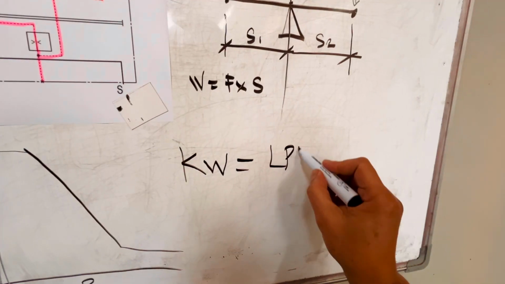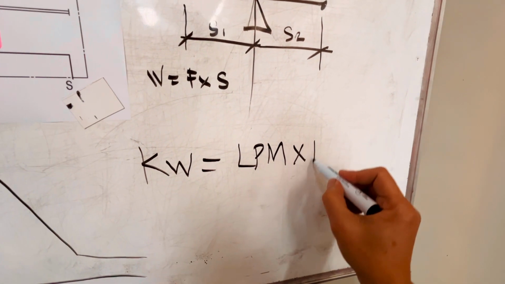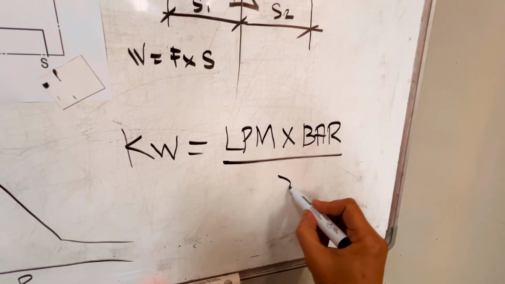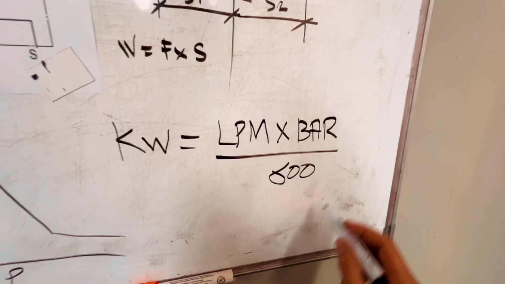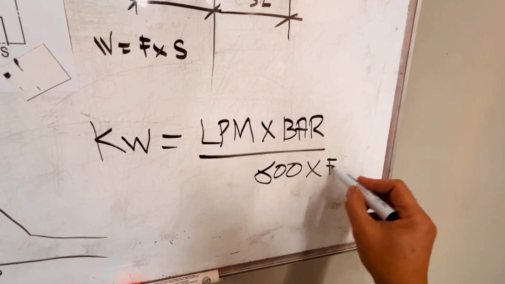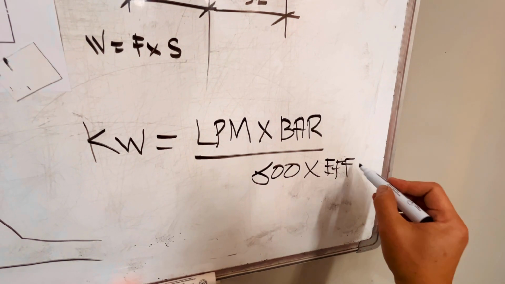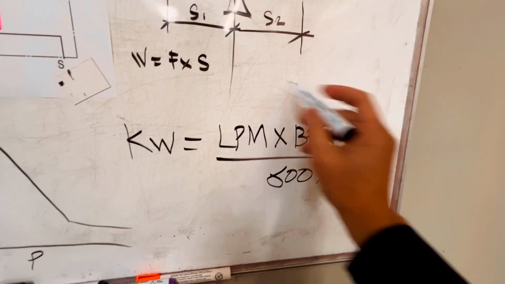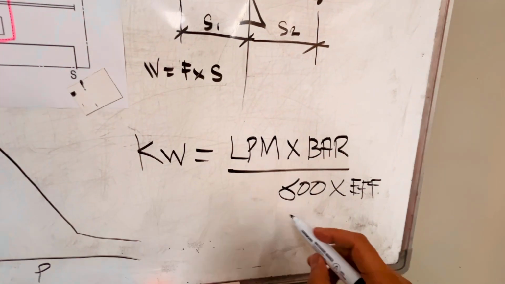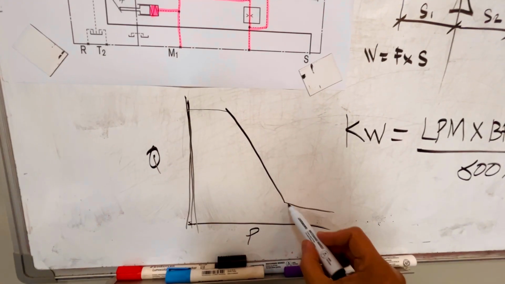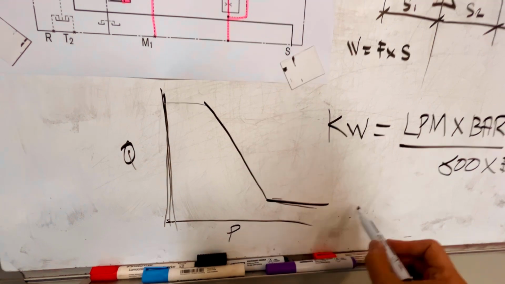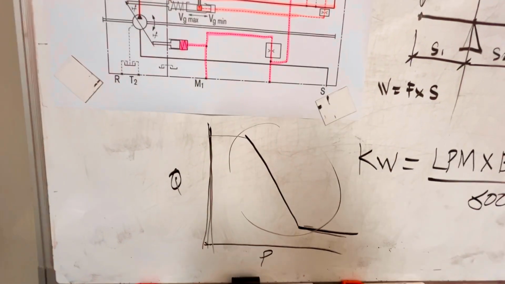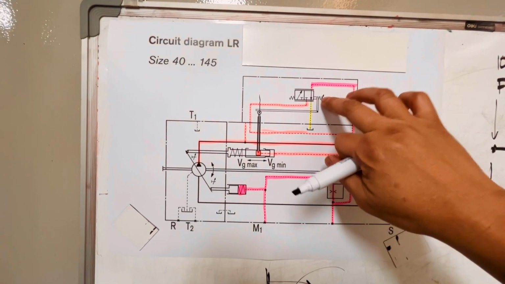Liters per minute times bar over 600, times efficiency. So this kilowatt here is the graph. This curve here, you can set with that spring.